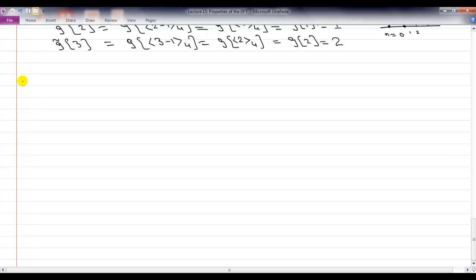We can graphically represent this a little better. There is a graphical way of representing circular shift. When you are doing circular shift, you shouldn't really think of a number line, you should think of a number circle.